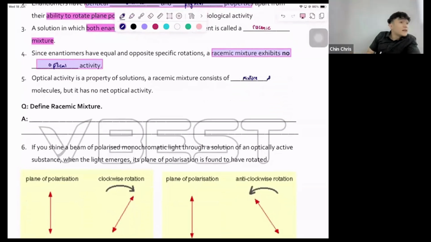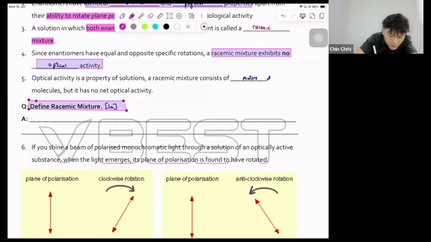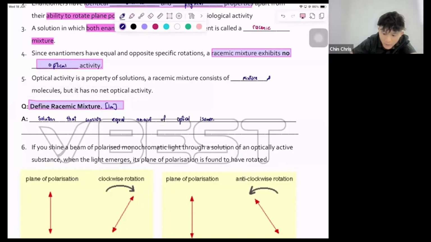All right, guys. Now in the exam, this is another popular question where they want you to define a racemic mixture. How do you define a racemic mixture? It's a solution that consists of an equal amount, remember, equal amount of optical isomers with no net optical activity.